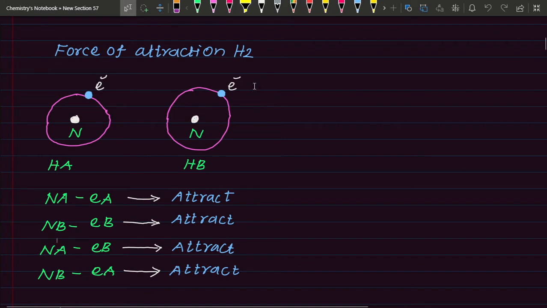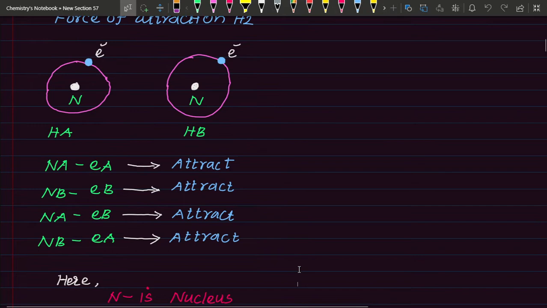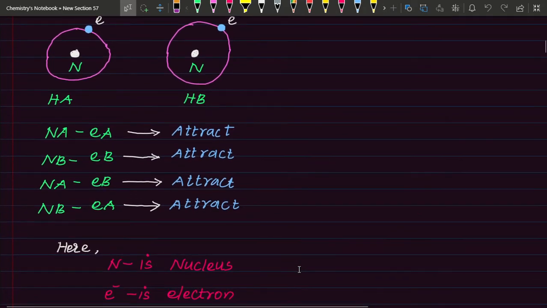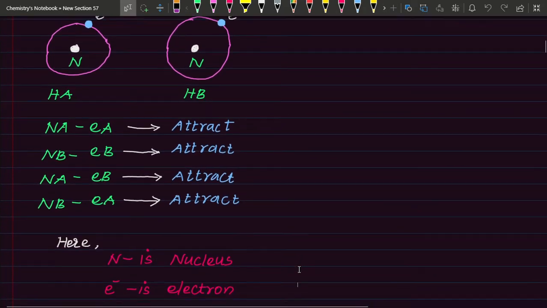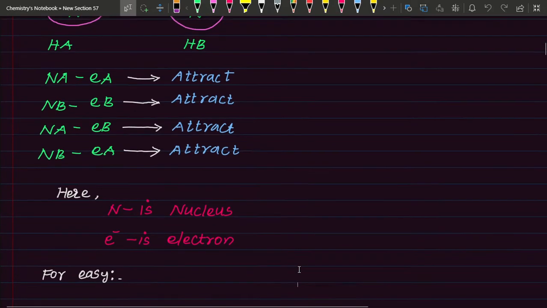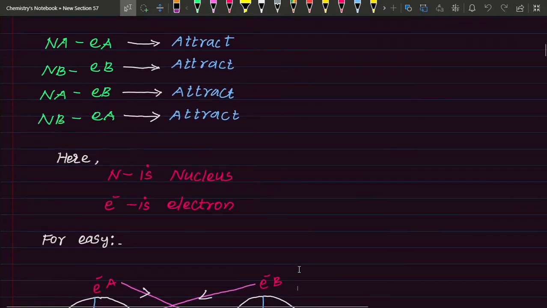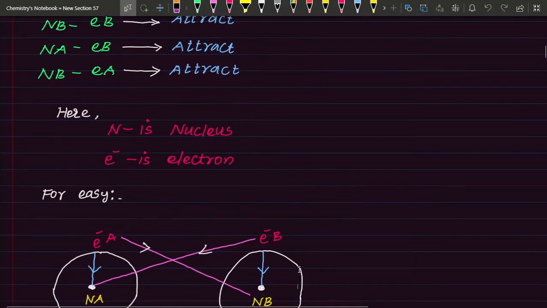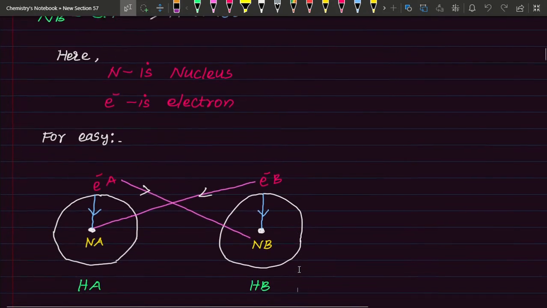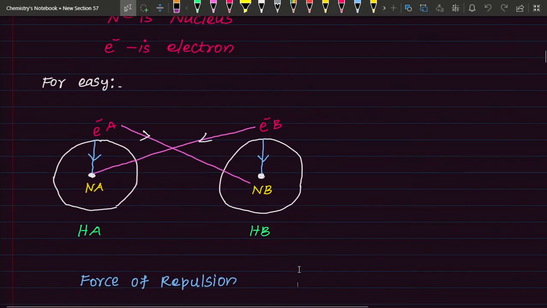See below, here N is nucleus, E is electron. For easy understanding, see the diagram. I drew this diagram myself.